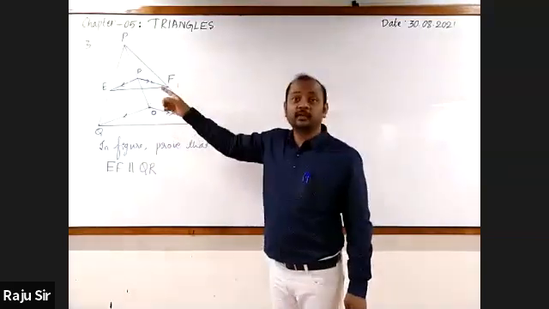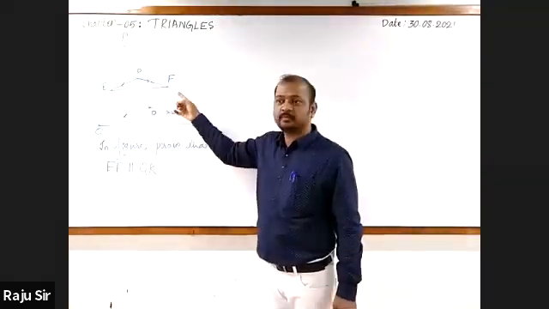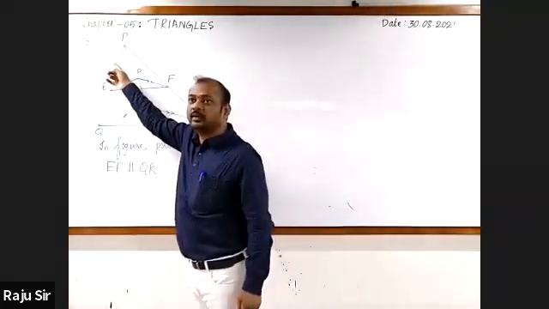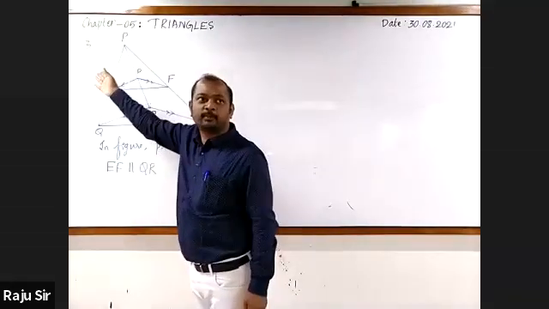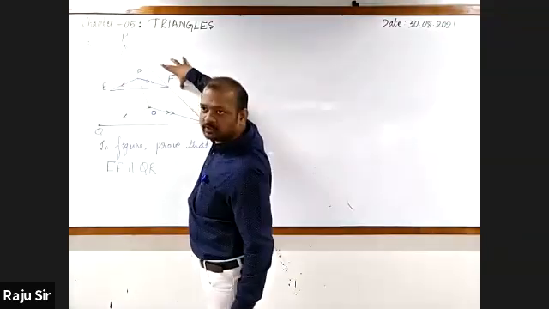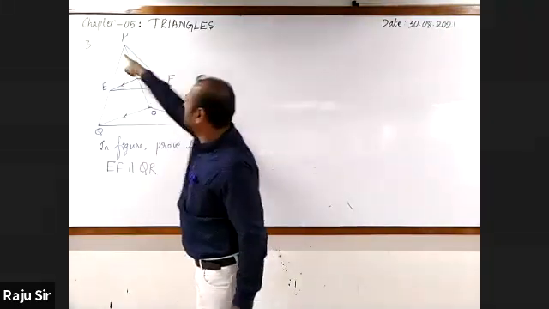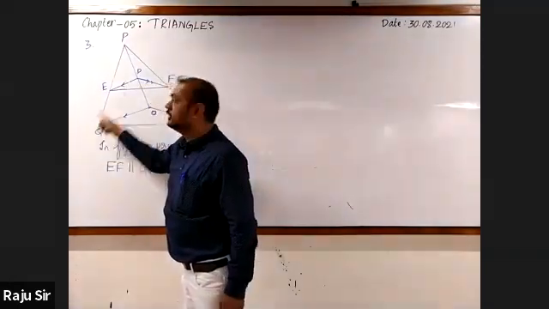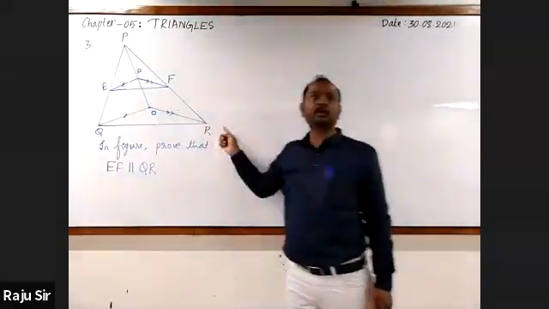Yes, the line that has been drawn should divide two sides proportionately. That means this ratio is equal to this ratio. We have to prove this, that is PE by EQ is equal to PF by FR.